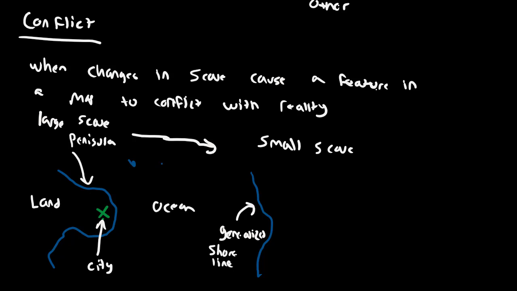You'll see that we've gotten rid of most of this peninsula because we generalized out a lot of the points, and we'll talk about how we do this later. So now our point that represents our city is now kind of out in the middle of the ocean.